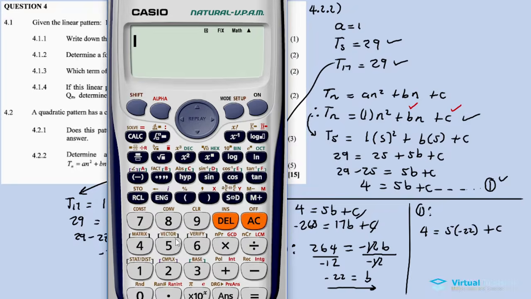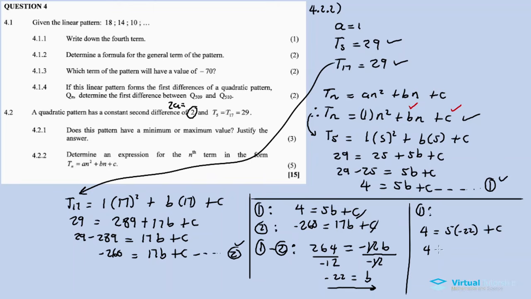So 5 times negative 22 is negative 110 plus c. Transposing, 4 plus 110 is equal to c. So it's 114 equals c. This is the value for c.